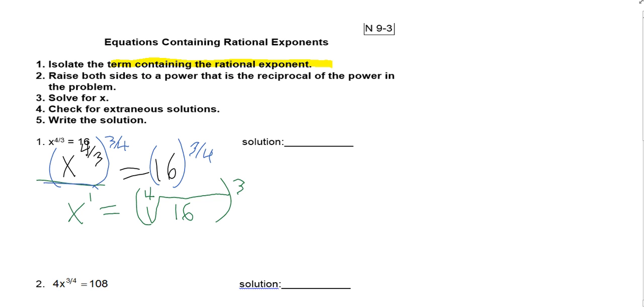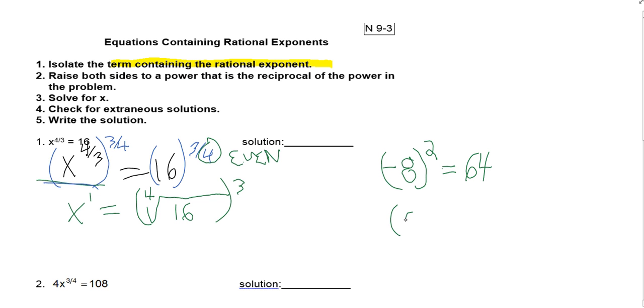And notice here that when the index is even, whether it's the square root, the 4th root, the 6th root, or the 8th root, we're going to end up with a positive and a minus solution. And the reason that's true is because if you have, say, -8 and you square it, it's equal to 64.